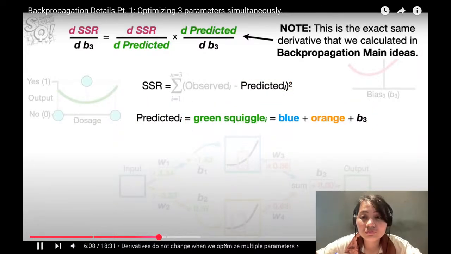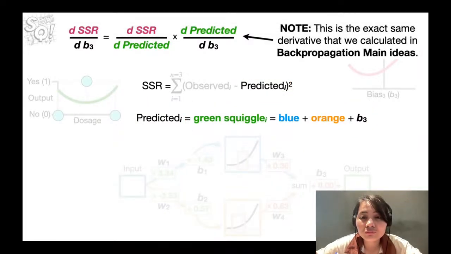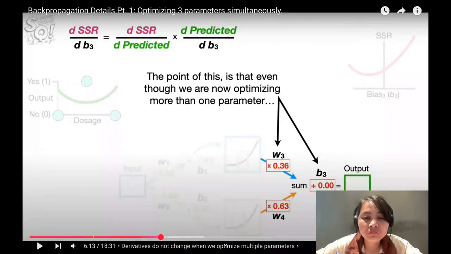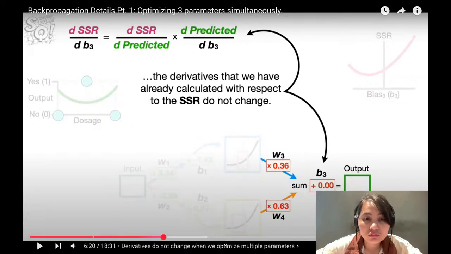Note, this is the exact same derivative that we calculated in backpropagation main ideas. The point of this is that even though we are now optimizing more than one parameter, the derivatives that we have already calculated with respect to the sum of the squared residuals do not change.